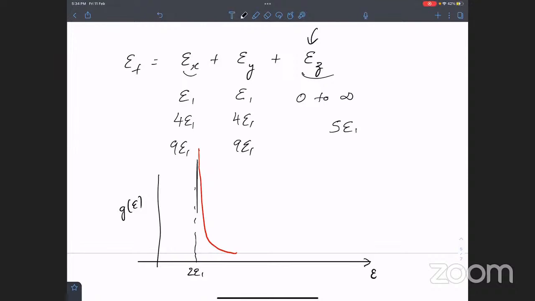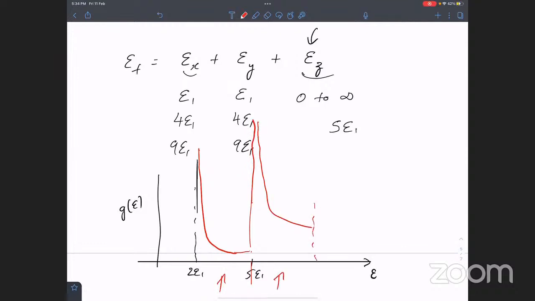So there are two ways. The moment I reach 5E1 here, my overall density of states will again double. So it will jump, and then again come falling down after that.